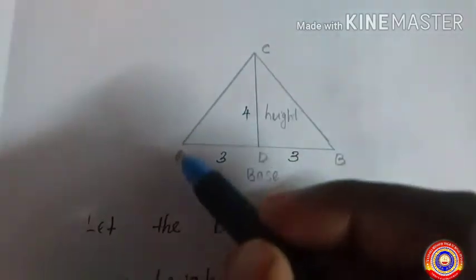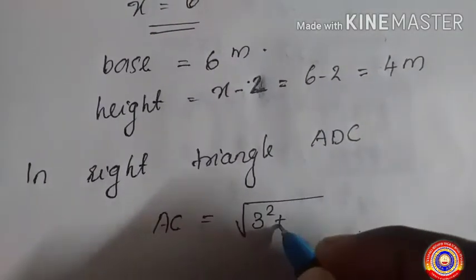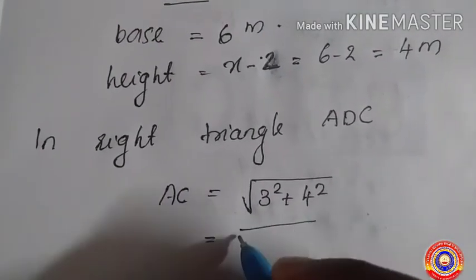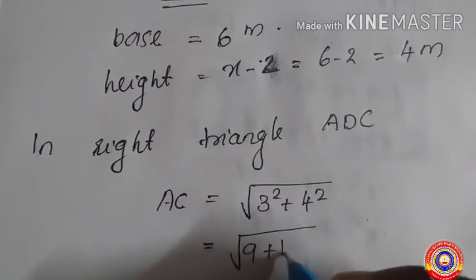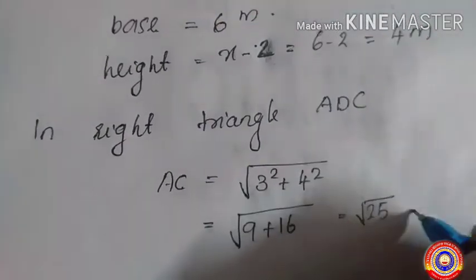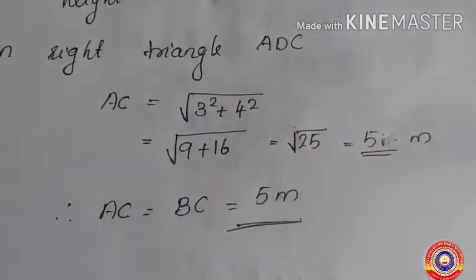In the right triangle ADC, AC means the hypotenuse. Hypotenuse square is equal to base square plus altitude square. It is equal to 9 plus 16 equal to 25. Root 25 equal to 5 meter. Therefore, AC equal to BC equal to 5 meter.